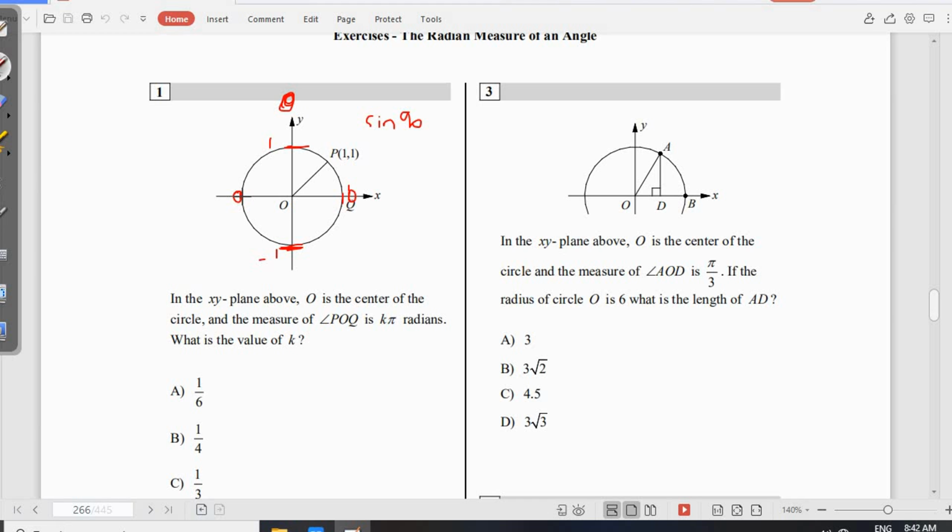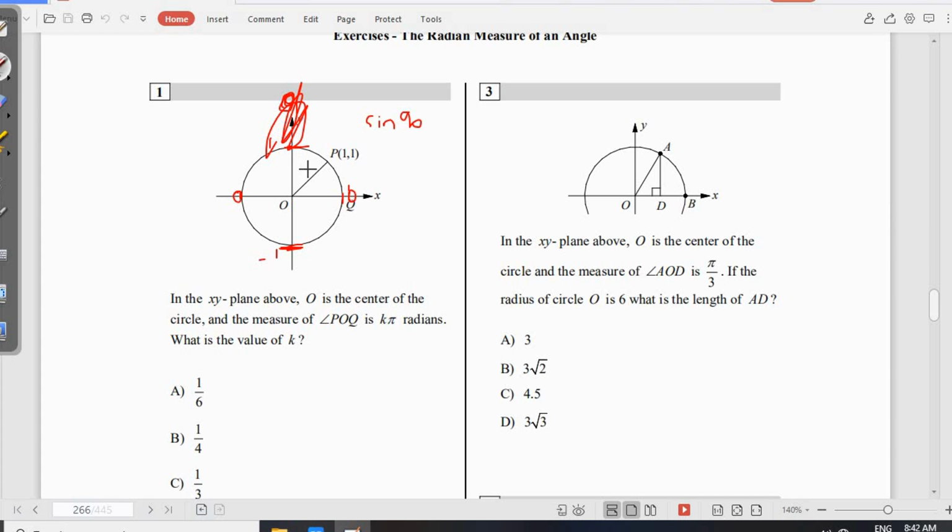When it gets to this point, you see cos 180, you get minus 1. From 0 to 180 is minus 1. So if you check, cos 90 is actually 0 at this point here, while cos 0 is 1 here. So your cos is actually starting from this point here.